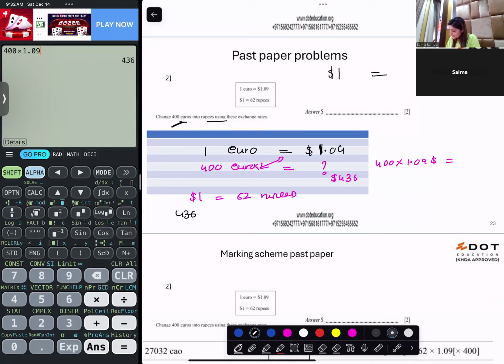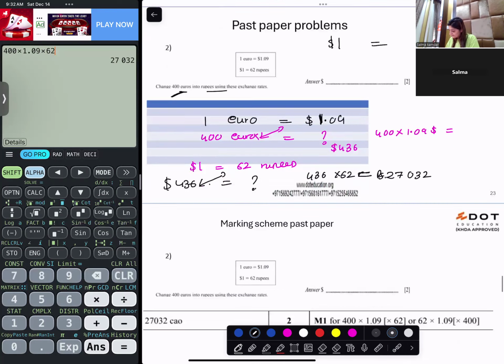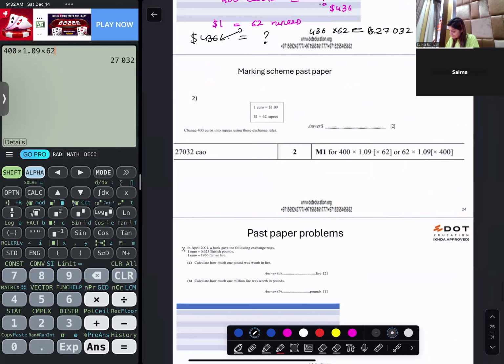So $436 is how many rupees? Question mark, cross multiply. So it would be 436 into 62 rupees. So it would give us 27,032 rupees. Okay.